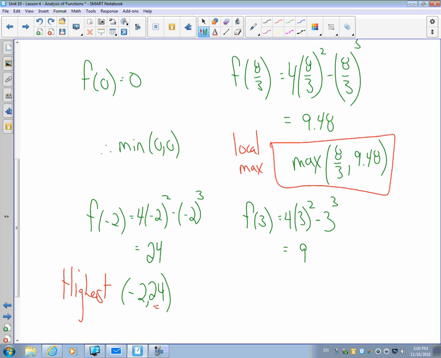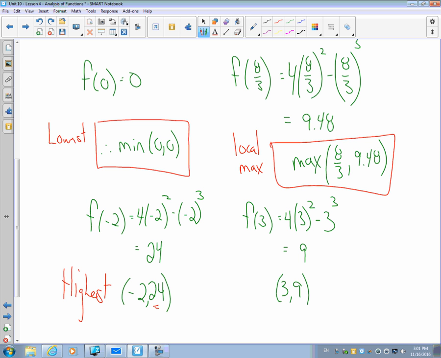In terms of a minimum, if I compare all my values here, I had 0, 0 and 3, 9. Well, definitely 0, 0 is lower than 3, 9. So this one is my lowest. It's not only the local min, it's actually the absolute min.